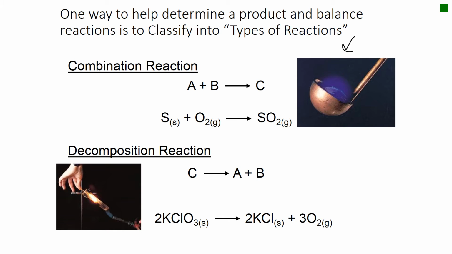So decomposition is C decomposes to A plus B. Some people might write that as AB decomposes to A plus B. Either way, you've got one reactant, 2 or more products.